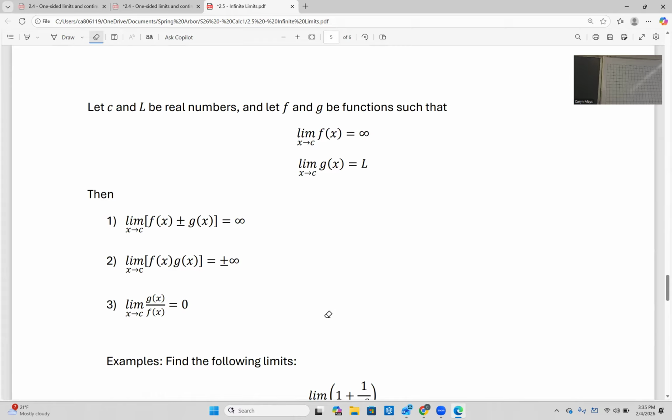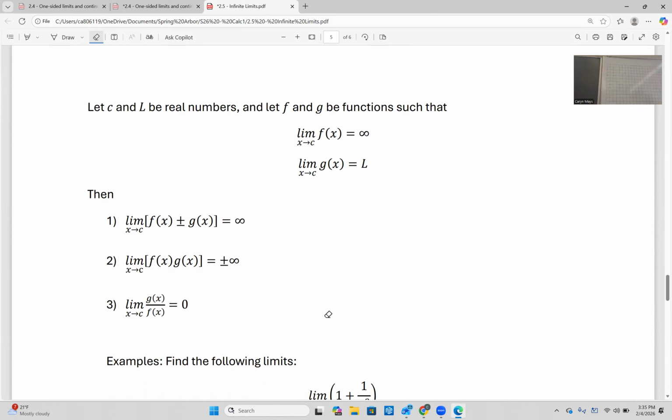And if I take infinity minus a finite number, that's still infinity. f of x times g of x, if I take infinity times a number, it's still going to be infinity, but I put a plus minus there.